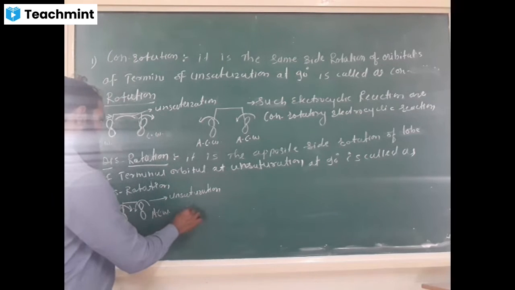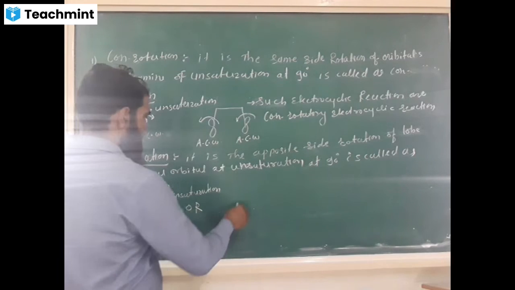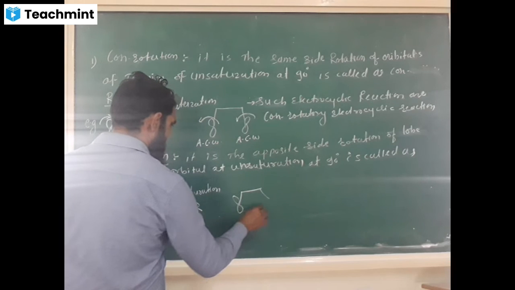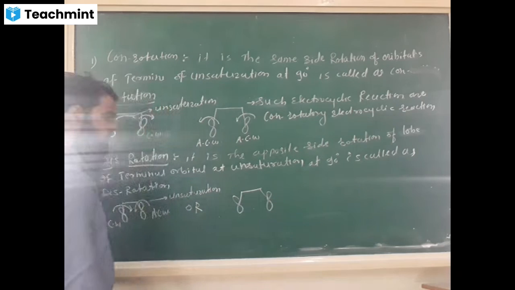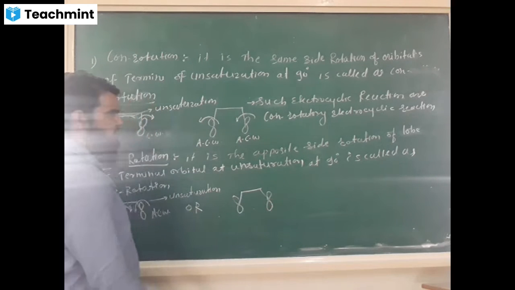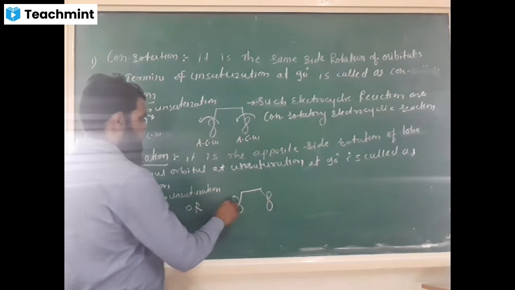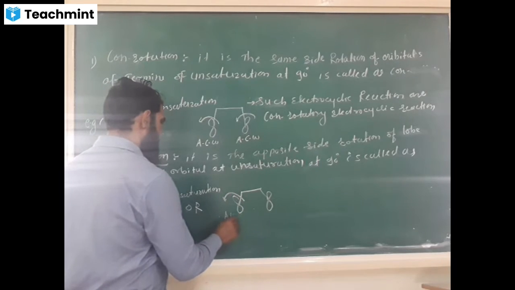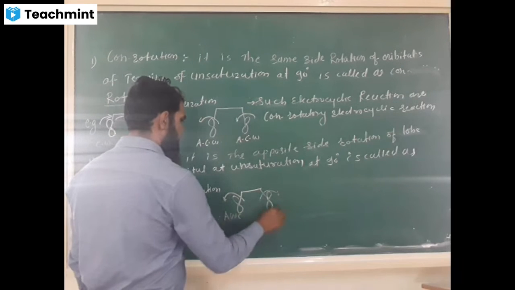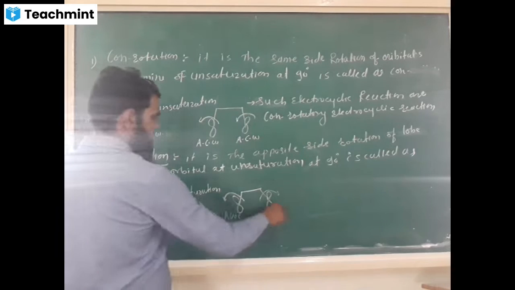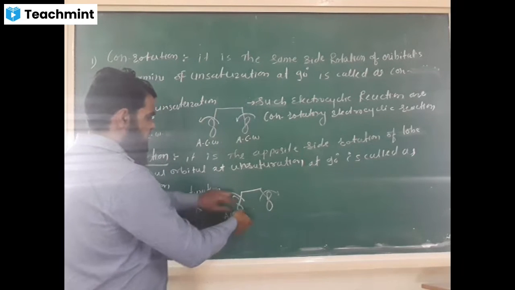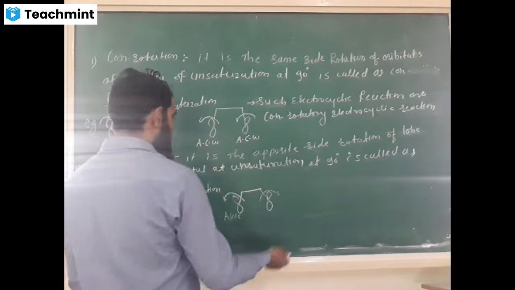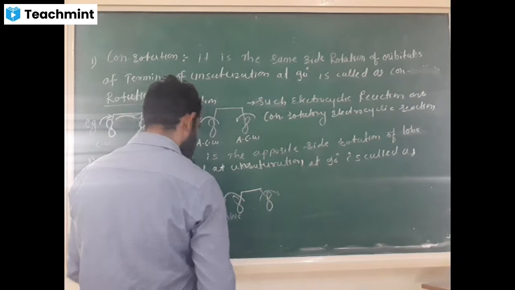Or what is the second possibility observed over here? This is one lobe at the termini of unsaturation, and this is another lobe. If these lobes are rotated like this, one rotating anti-clockwise and another rotating clockwise, bond formation takes place, and that results in different stereochemical features of the product.